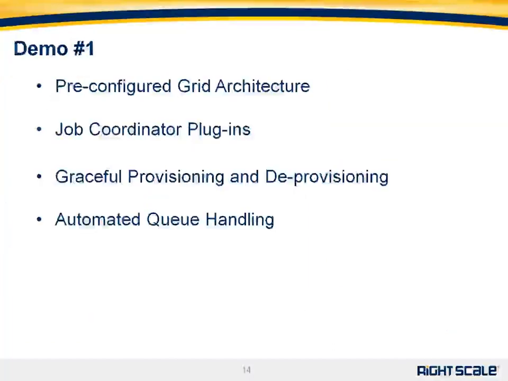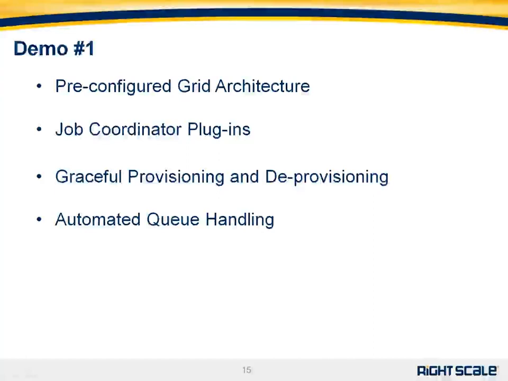So now that we've taken a look at the three main pieces of that grid computing process, I want to turn it over to Dave, who's going to take us through our first demo. Specifically, what Dave's going to show us is how, using what we call a RightScale macro, you can automatically build out an entire grid computing system within RightScale that automatically will start generating workloads.